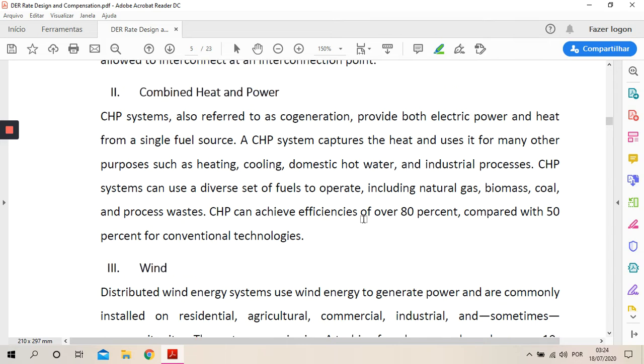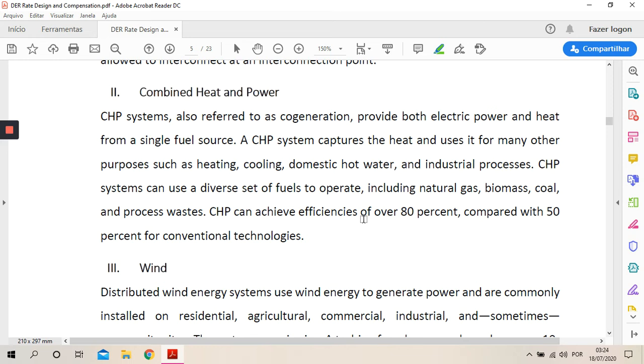Number two, combined heat and power. What is this? What is combined heat and power? Let's see. CHP systems, also referred to as cogeneration, provide both electric power and heat from a single fuel source. A CHP system captures the heat and uses it for many other purposes, such as heating, cooling, domestic hot water, and industrial processes.